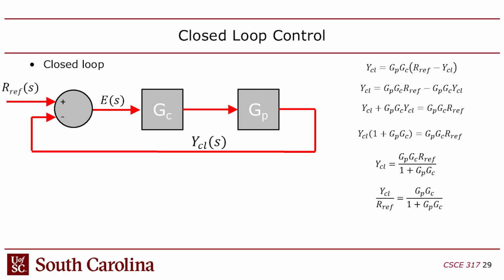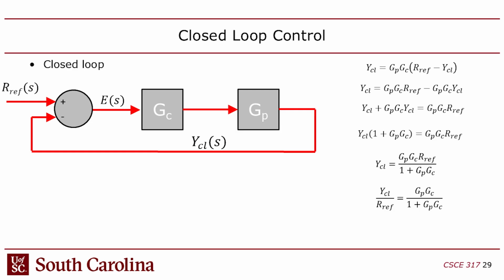So how do you figure that out? Well, again, you just use algebra and a bunch of substitution. So the closed loop is this minus that, RRef minus YCL, right? You might say, wait, you can just subtract stuff in the S domain? Really? Yeah, you can just do that.